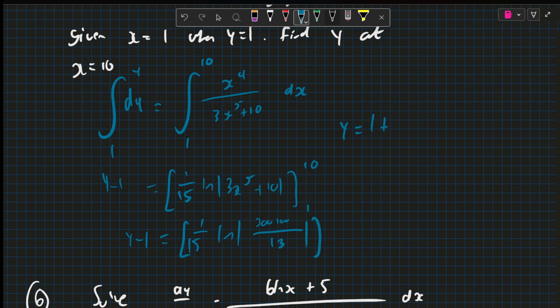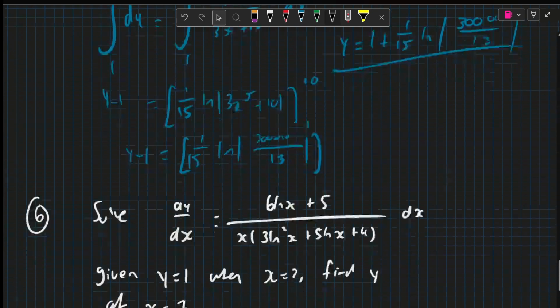So y is 1 plus 1/15 natural log of 300,010 over 13. Again, I don't think it should be a multiple of 13. Yeah, it's not, but that's the answer.